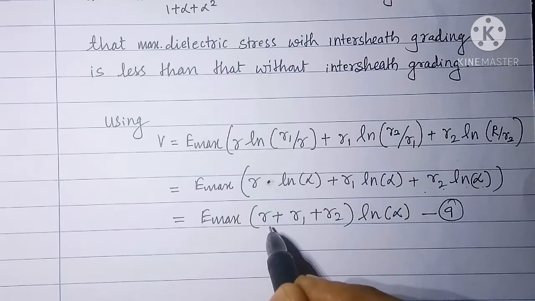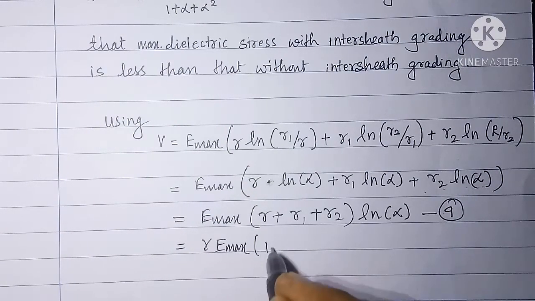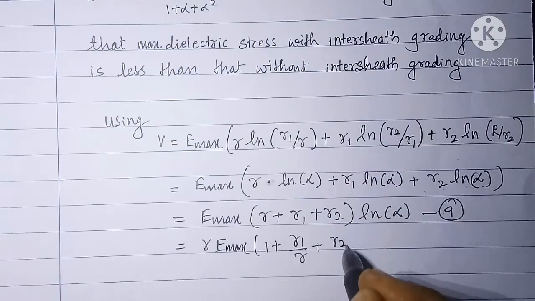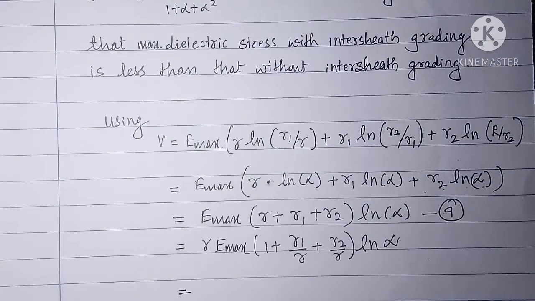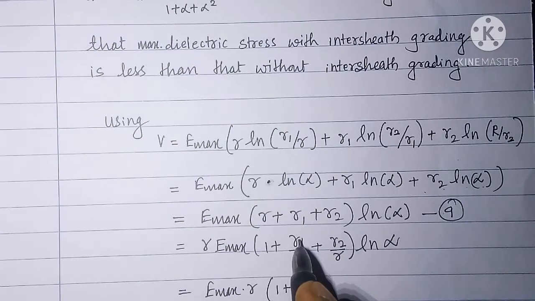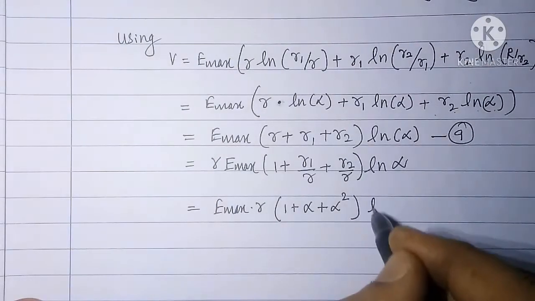And from equation 9, if I take common outside R, then I can write R into Emax into the bracket 1 plus R1 by R plus R2 by R into ln of alpha, that is equal to Emax into R into 1 plus alpha, because R1 by R is alpha, and R2 by R may be written as alpha square, into ln of alpha.